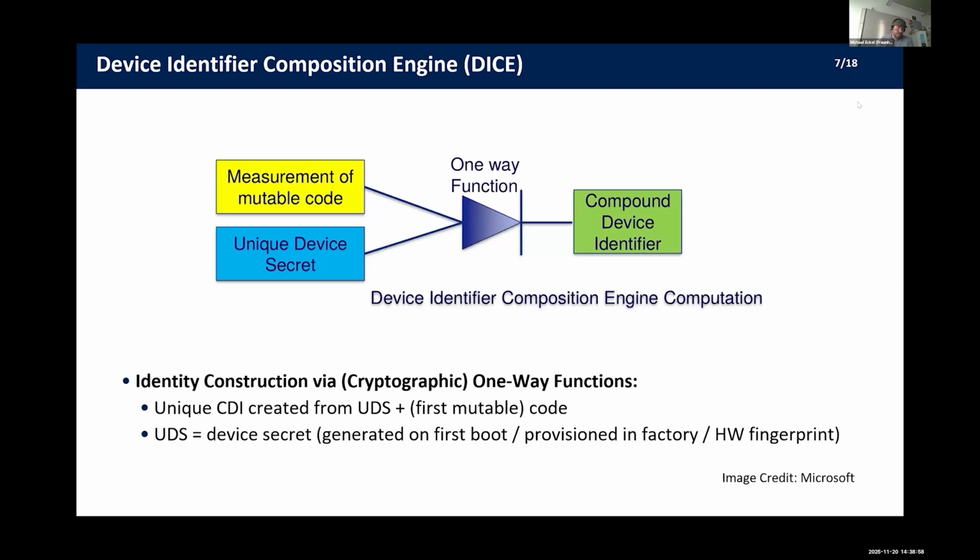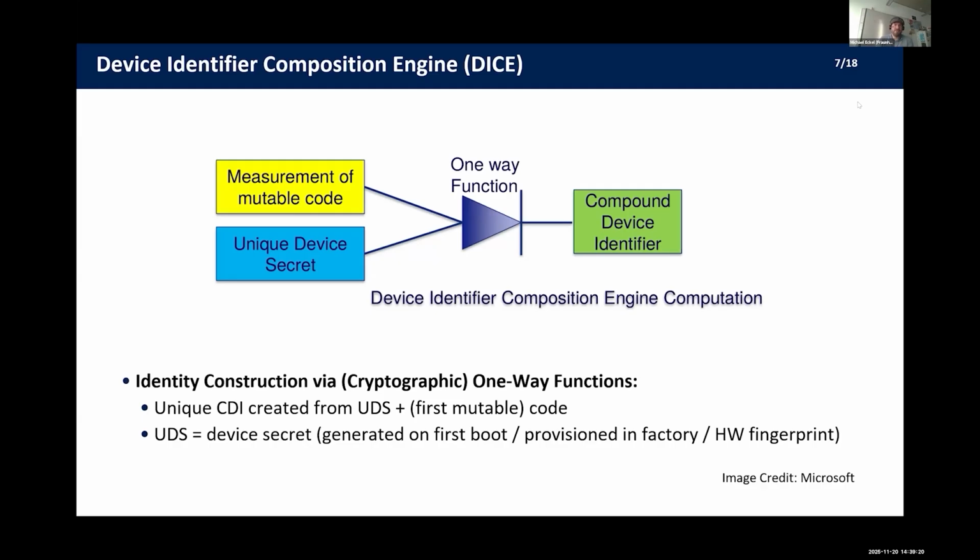And TPM provides explicit evidence, because you can inspect every component and see which component does not match. Device Identifier Composition Engine, DICE, is another technology by the TCG. It's meant for constrained devices or IoT devices, and it provides implicit attestation.